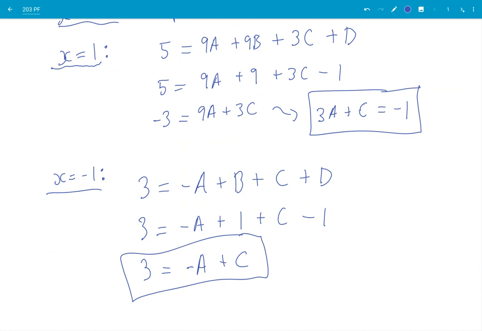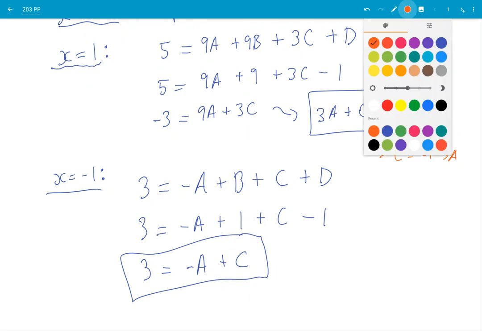Okay, so what I have here is these two rectangles. That's two equations, two variables. You can solve by, say, substitution. C is equal to minus 1 minus 3a. So I solve for C here, and then I can plug it in there.